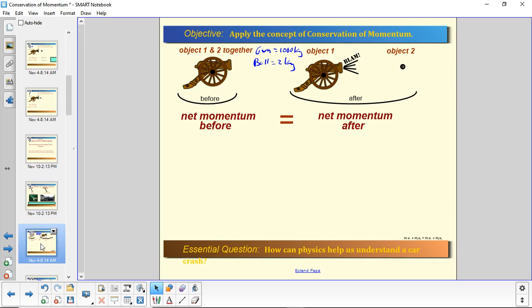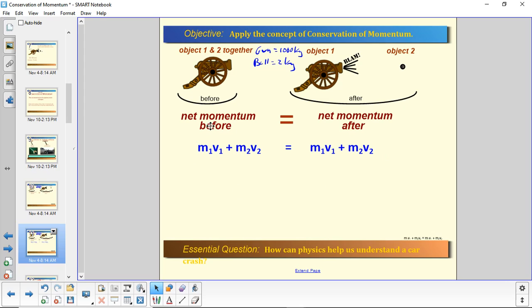Okay, so we're going to consider the cannon firing the cannonball again. And we're going to call the cannon itself, the gun, object 1, and the ball itself, object 2 for these purposes. Now, when we're doing calculations that apply this concept of conservation of momentum, this is the equation we use.